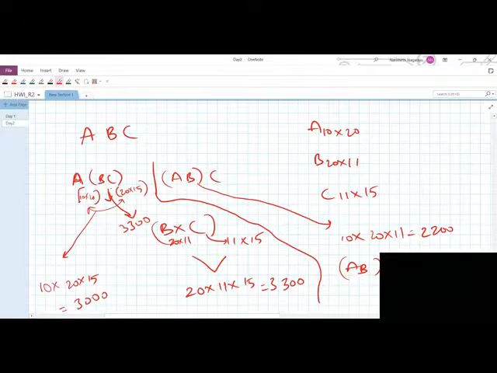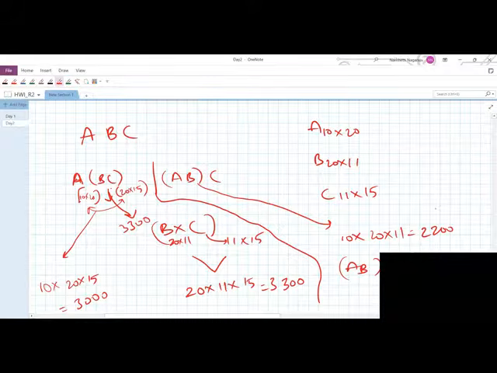So to multiply the result AB with C, we need 10 into 11 into 15 operations. That is equal to 1650.